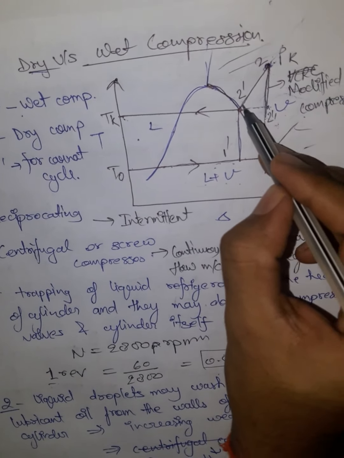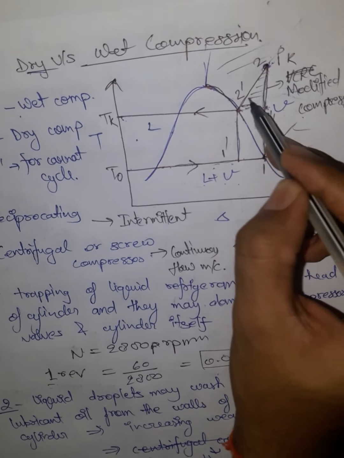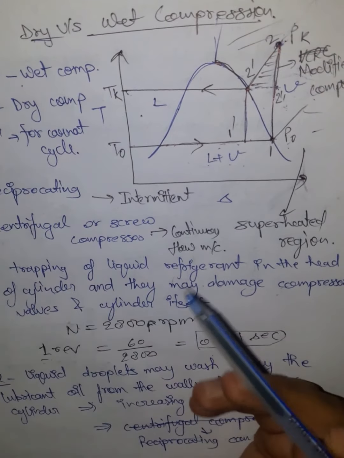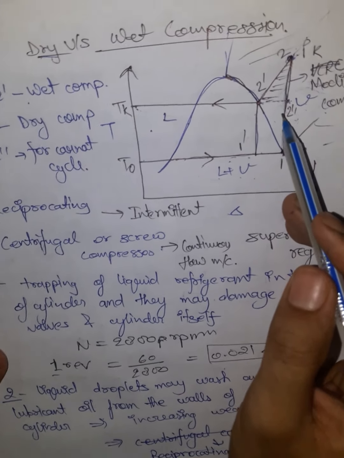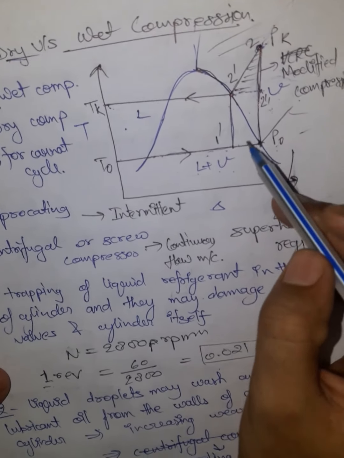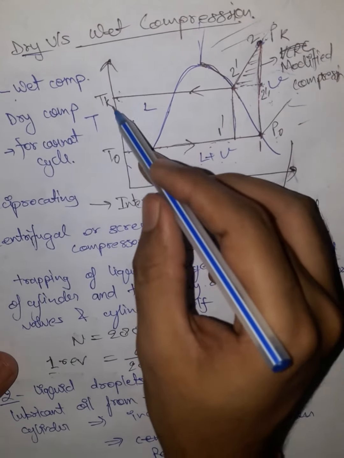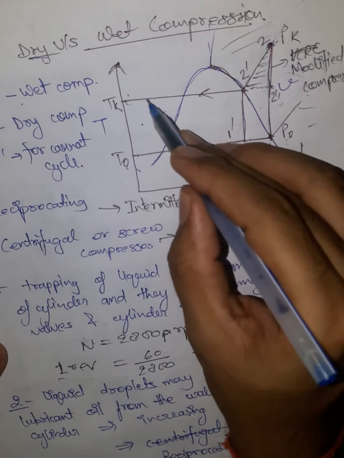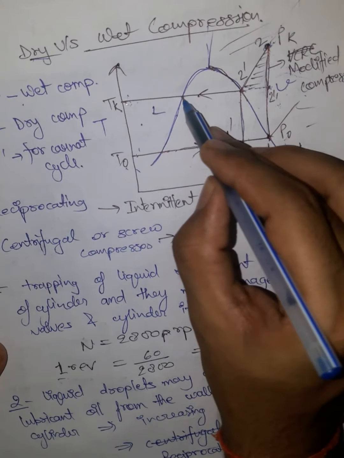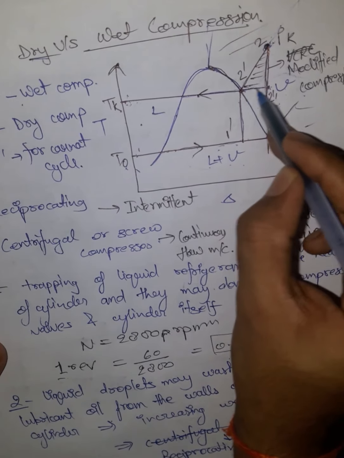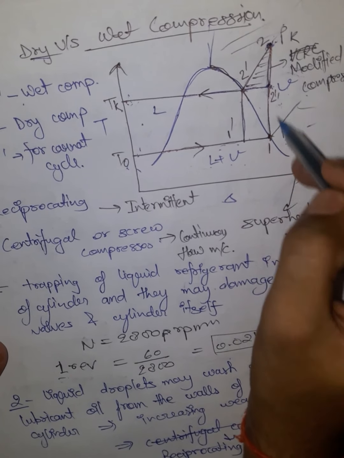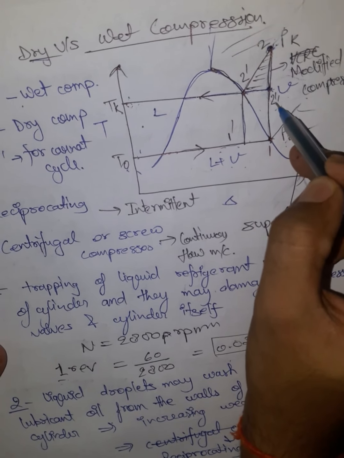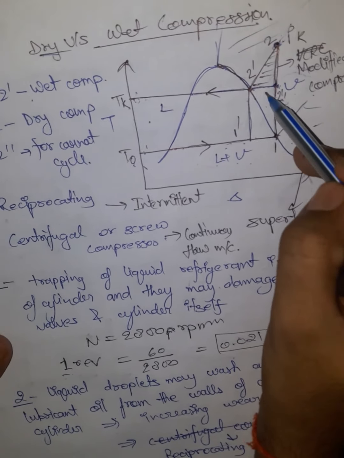Also there is this extra thing that is found. If we draw the Carnot cycle corresponding to this compression process, that is between these two temperatures Tk and T naught. The Carnot cycle just operates between two temperatures, so if we extend this condenser line to this dry compression line, we get this point 2 double dash. So this is representing the Carnot cycle process.